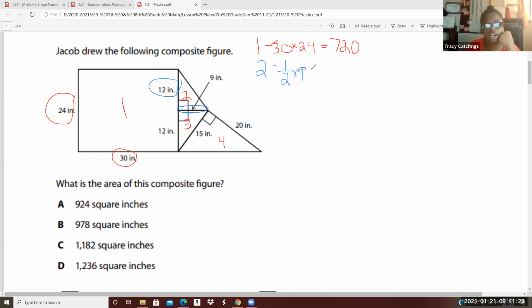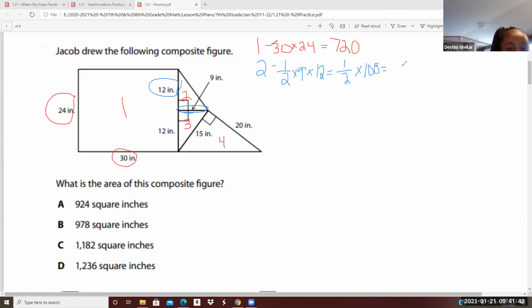Great job. All right, somebody do 9 times 12. 108. Take half of it. 54. Good job. So the area of shape number 2 would be 54.